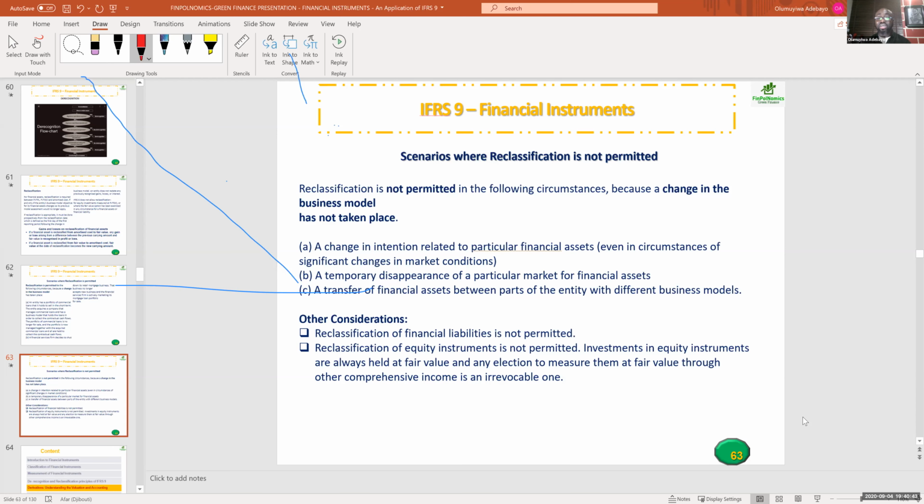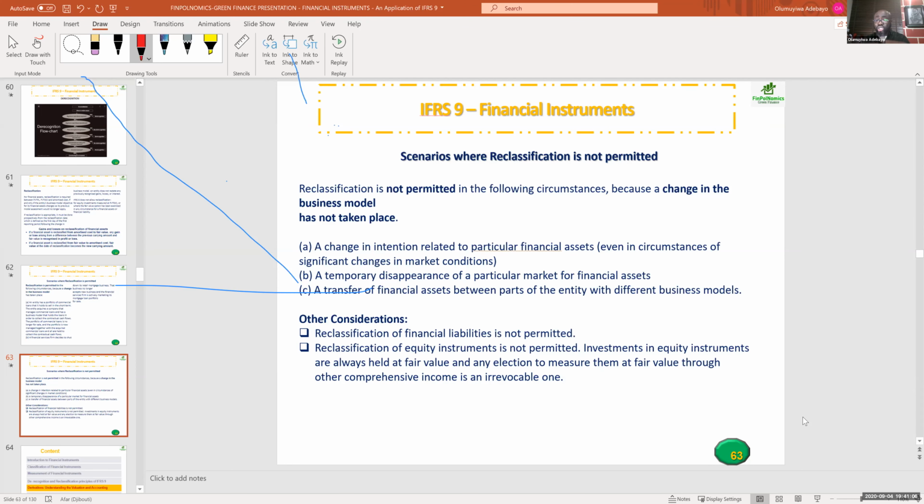Okay, now the second one is, what if you are in a situation where you have a financial asset that before now is actively traded and you measure it at fair value. Over time, for a period of 3 months, such security is not traded in the market because there is no willing buyer, no willing seller.